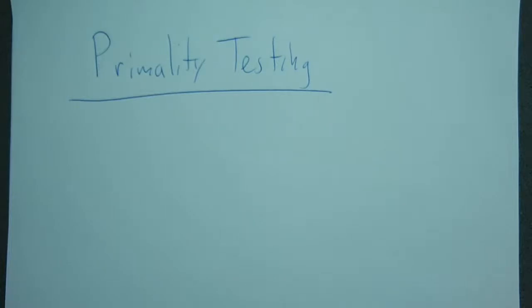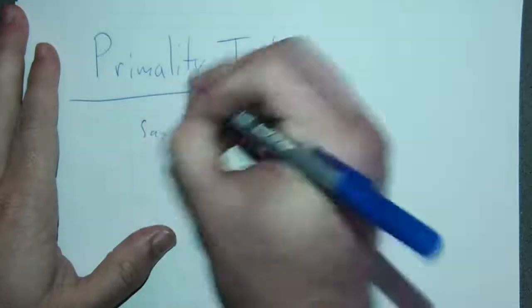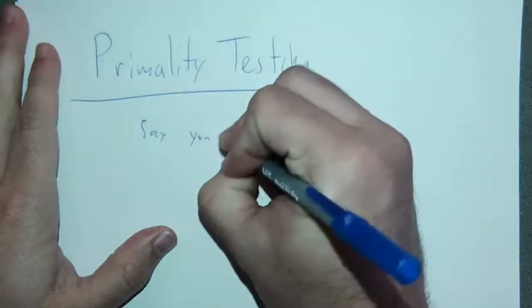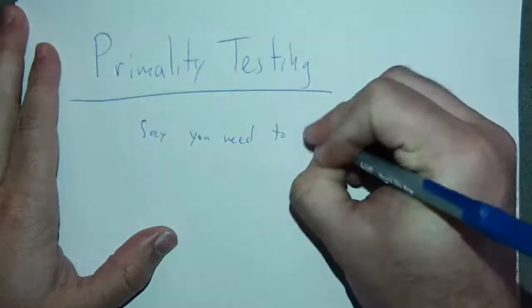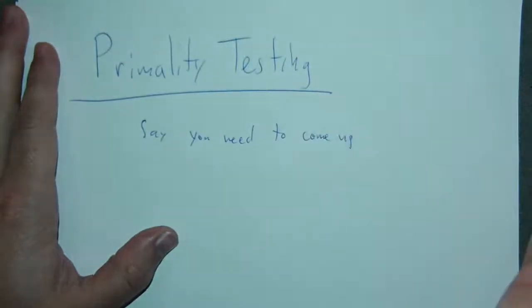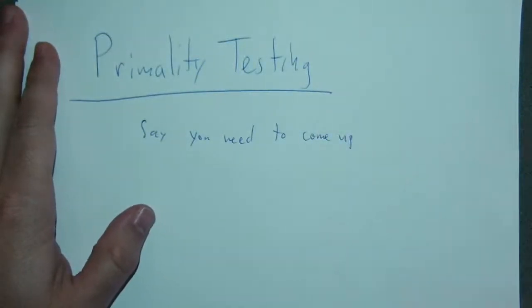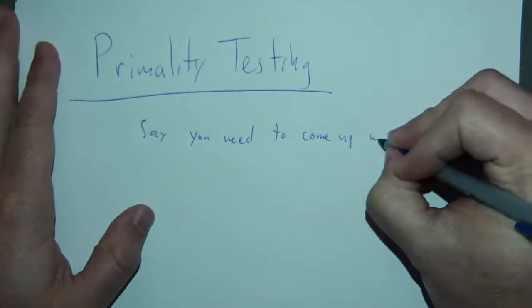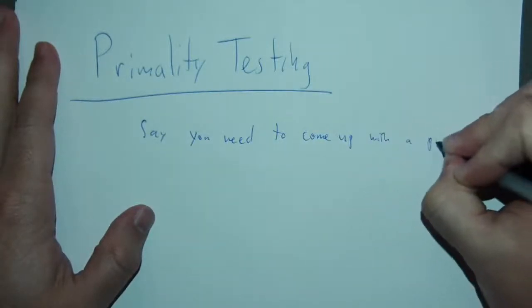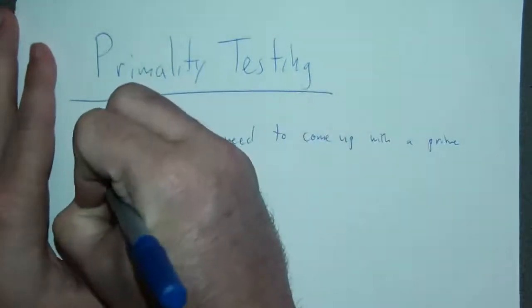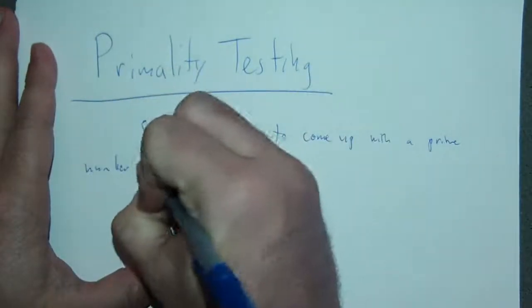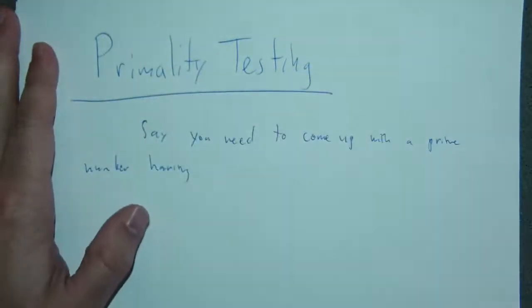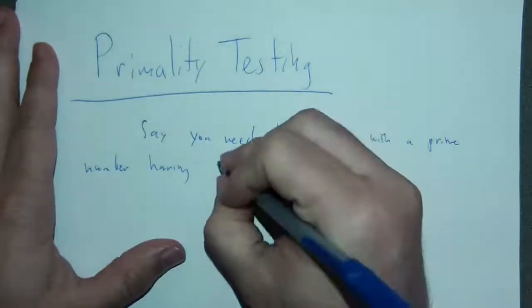So one thing to note, say you need to come up with, or to verify that a given particular one is prime, but say you need to come up with a prime number having, say, 100 digits.